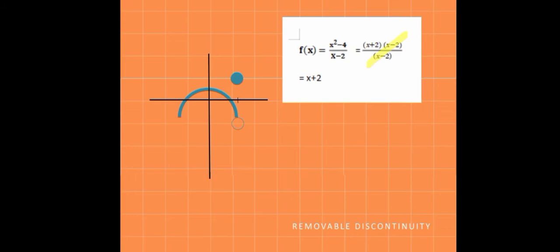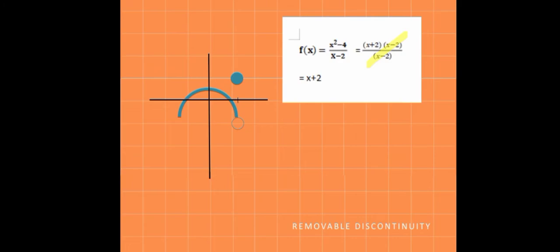This equation is a discontinuity because if you graph it, it will be discontinued, or it is not continuous. If you graph it, it is illustrated like this. As you can see, there is still a discontinuity.